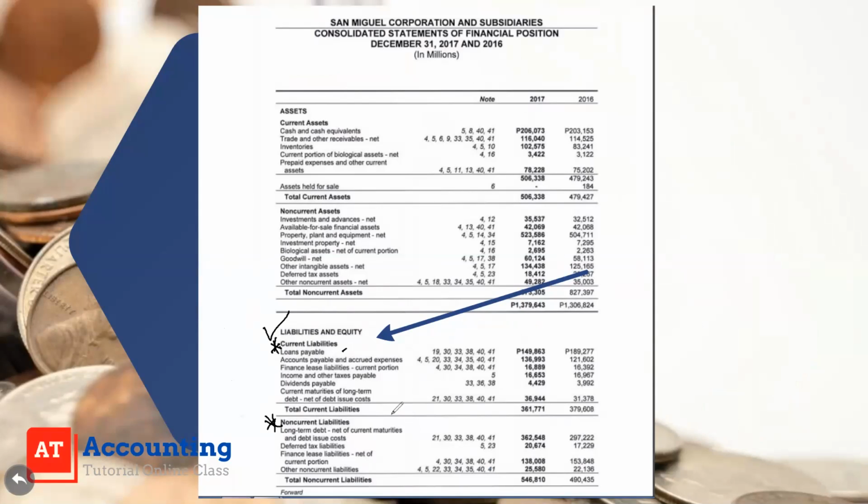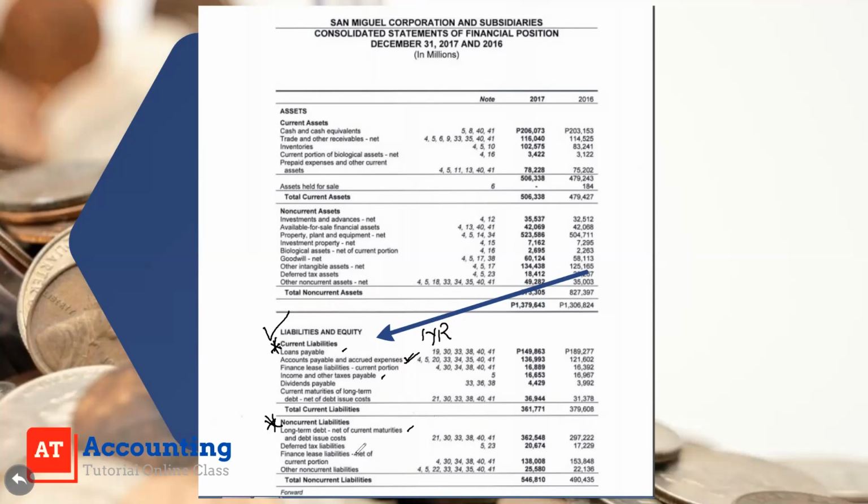Loans payable can be in current or in non-current, depending on which is due. Accounts payable and accrued expenses, meaning we settle all of those within 1 year. And then taxes, which we saw earlier.